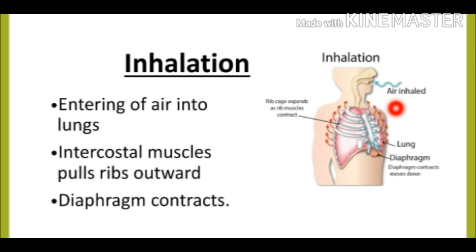You can see that the man is inhaling air, as a result of which his intercostal muscles are pulling his ribs outward, and his diaphragm contracts and moves down. That will allow the air coming from his mouth to enter into his lungs. This process is called inhalation.